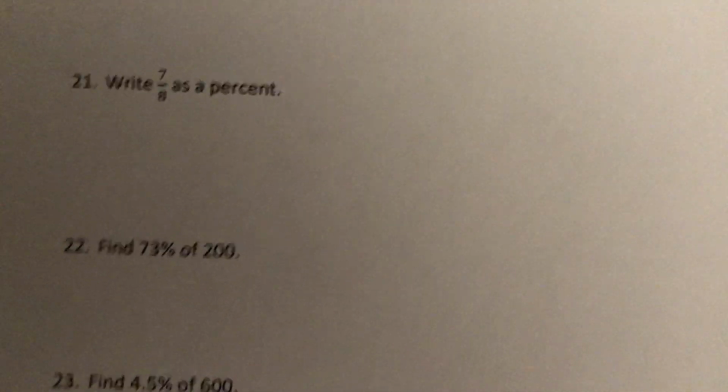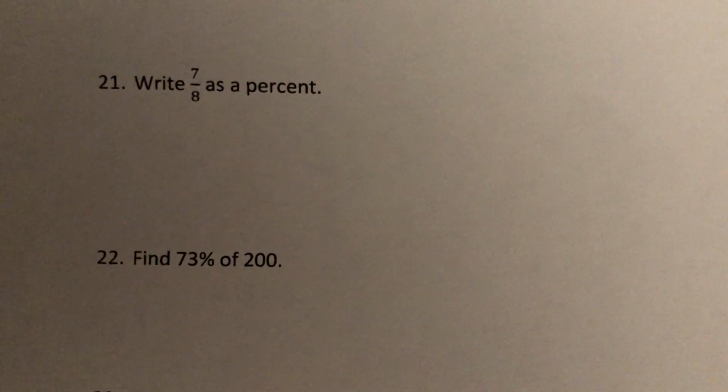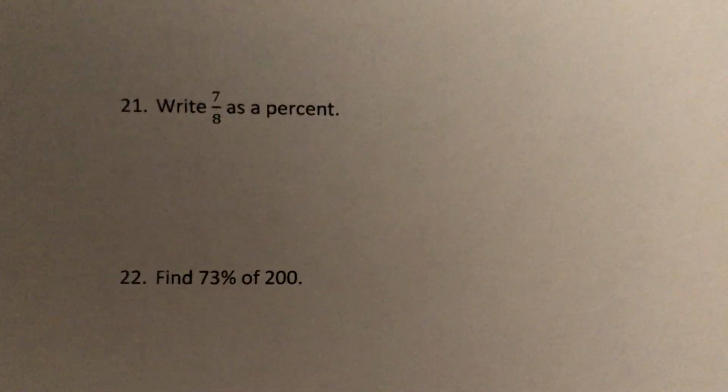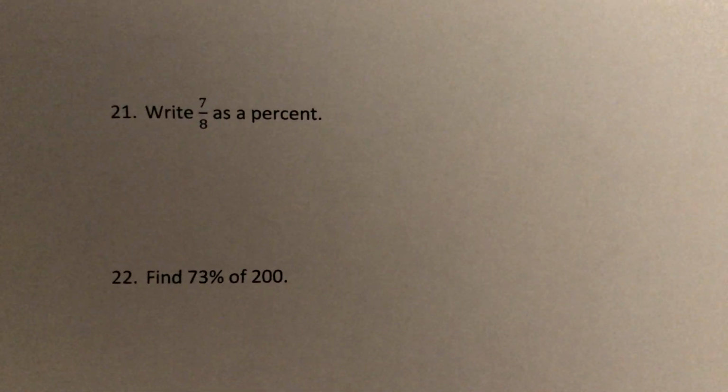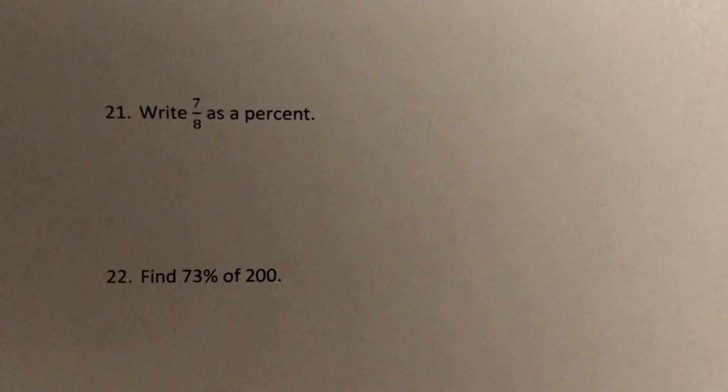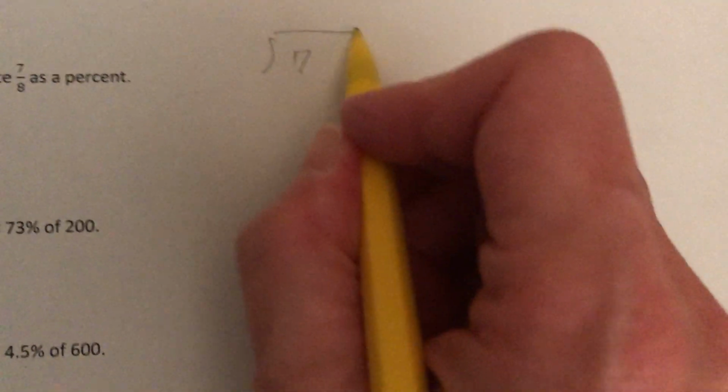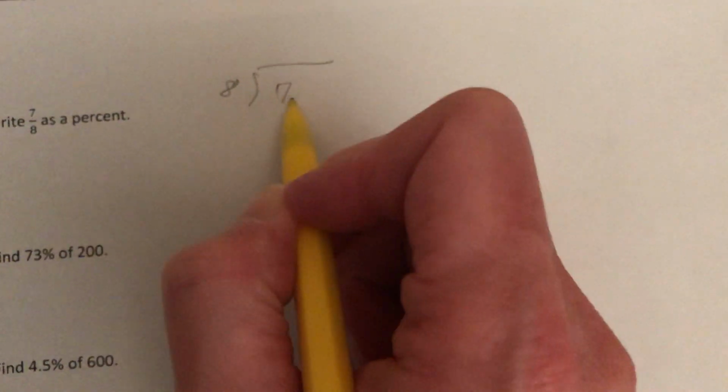Number 21. Write 7/8 as a percent. So we're going to convert it from a fraction into a decimal, and then from a decimal into a percent. So 7/8 means 7 divided by 8. So that's what I'm going to do. 7 divided by 8.